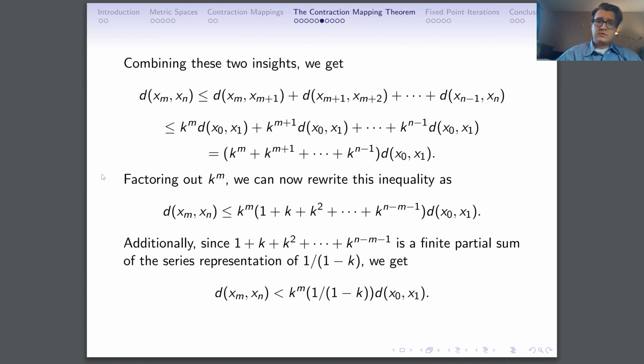And so from here you can factor out k raised to the m, and then you can rewrite this inequality as such. And so really 1 plus k plus k squared plus so on is really just a finite partial sum of the series representation of 1 over 1 minus k. So you can substitute that in and make this a strict inequality, and you get this particular inequality right here.